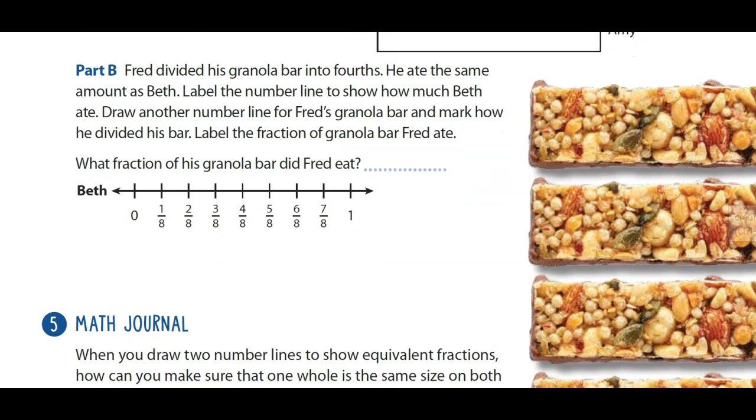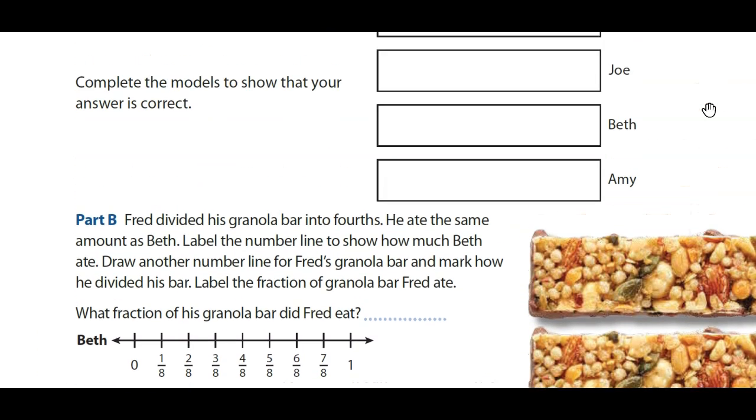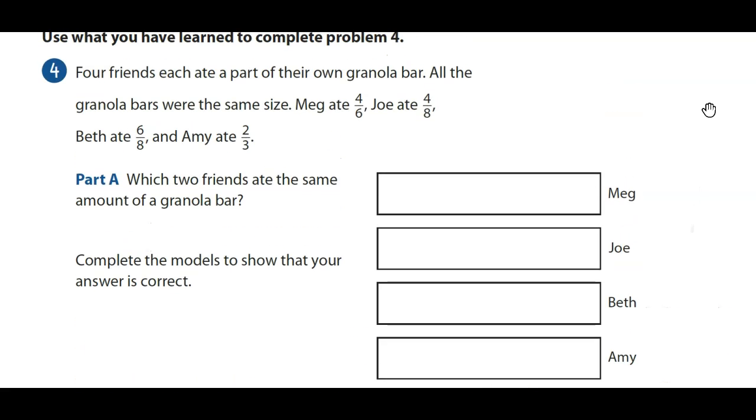Then part B says Fred divided his granola bar into 2/4. He ate the same amount as Beth. Label the number line to show how much Beth ate. How much did Beth do? 6/8.